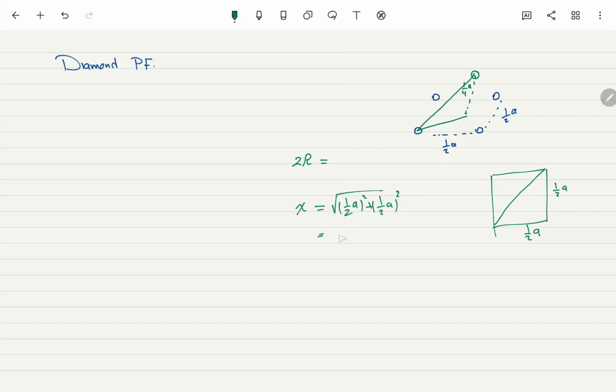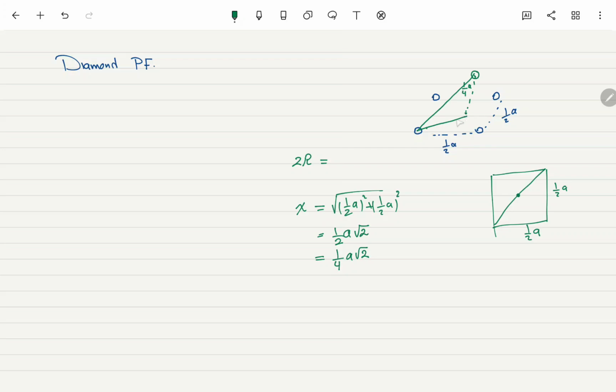In other words, it's equal to half A square root of 2. Now we actually need half of it, so it's equal to 1/4 A square root of 2.